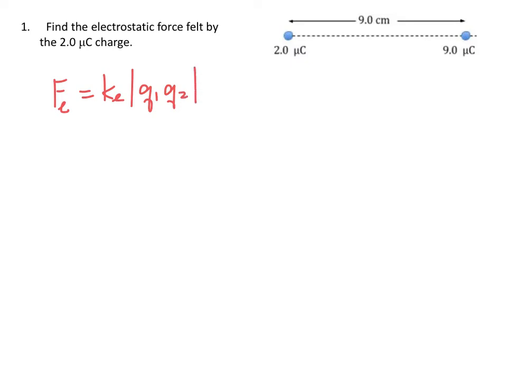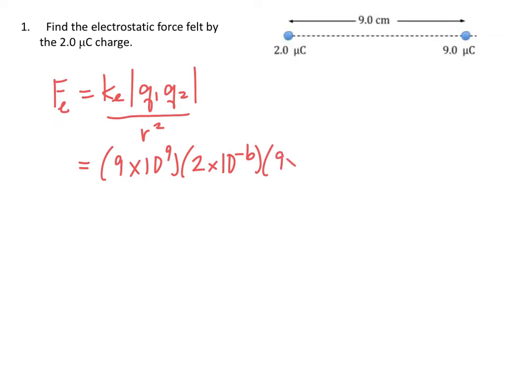Remember, we don't pay attention to whether they're positive or negative when we're calculating the amount of force, but it's going to come into play in these types of problems in just a second. Coulomb's constant is 9 times 10 to the 9th when we're using standard units. And we will convert our charges to coulombs by multiplying by 10 to the negative 6th.